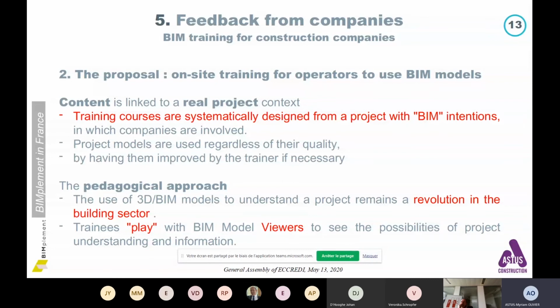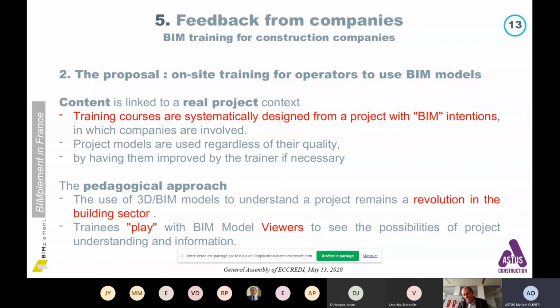The training contents, we base them on a project where a BIM or even a simple 3D model has been designed, even if the model is not that good. But then trainees can directly apply the explanation we give them to the project that they know, that they recognize.